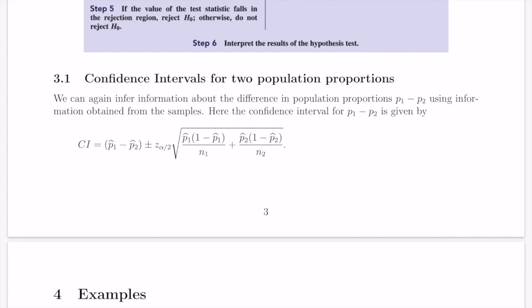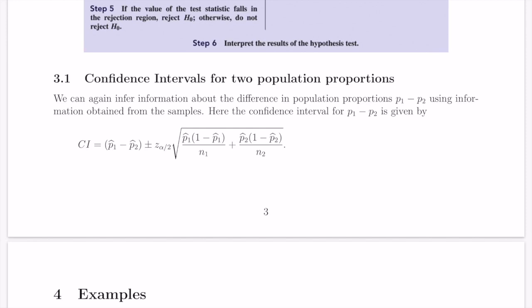So here, this is going to give you some interval that's going to contain the difference in the population proportions. Notice that this does not tell you what either proportion actually is equal to. All it does is it tells you, are the population proportions likely to be this close, or are they likely to be not this close?